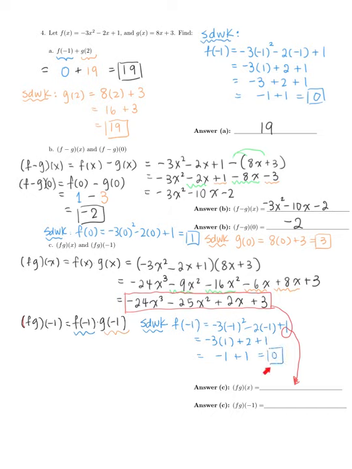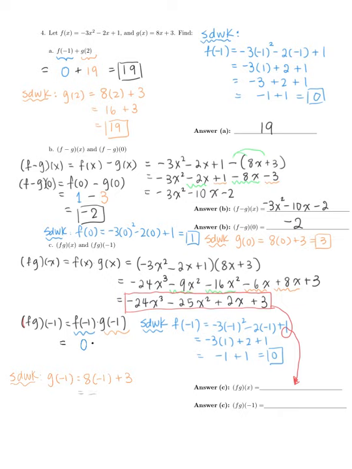But we already knew that because we computed it up here. But what the heck, right? So here I'm going to write this as 0 and then times. Now let's do the side work for g of negative 1. You're going to have 8 times negative 1 and then plus 3.